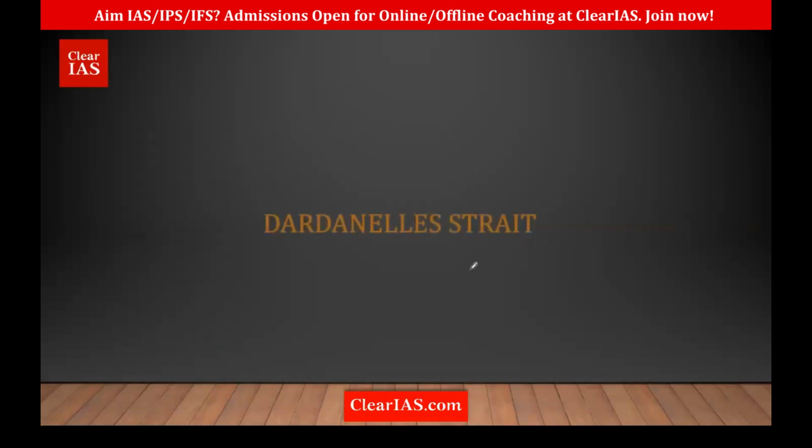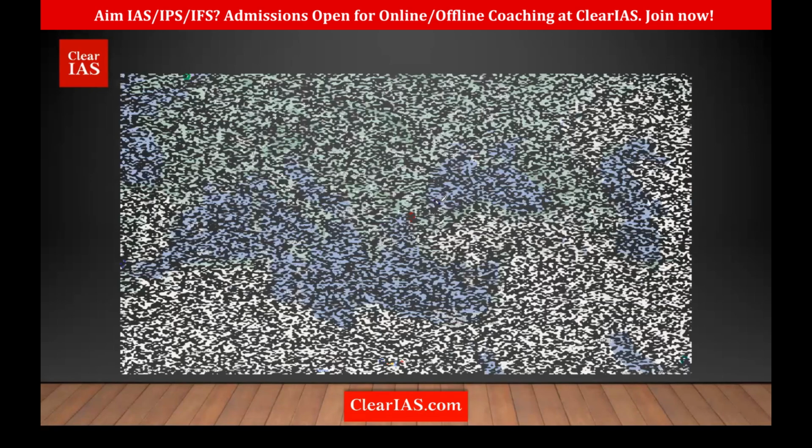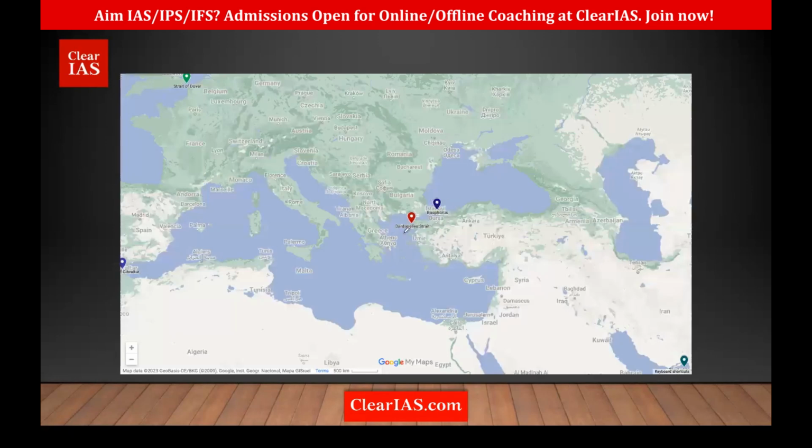Clear. Then we have the Dardanelles Strait. We spoke about the Bosphorus Strait, which is connected to the Sea of Marmara. But how is it connected to the Mediterranean Sea or the Aegean Sea? You can see here there is the Bosphorus Strait, and here is the Dardanelles Strait.